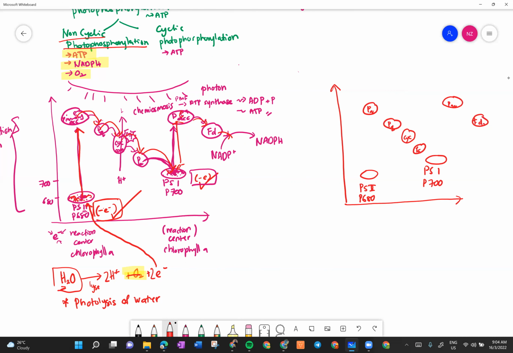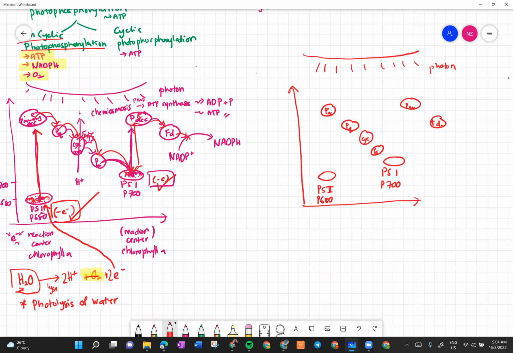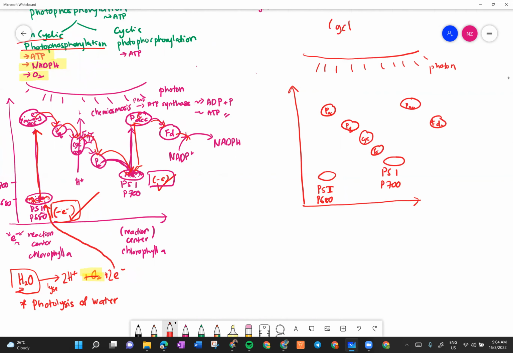So kita tengok apa yang terjadi. So untuk the non-cyclic, sama juga, it involve the cahaya matahari yang memberi tenaga dinamakan sebagai photon. Okay, so this tenaga photon is being gathered by, okay, sebab kita nak cakap pasal cyclic only involve the P700 saja. Okay, P700 saja.